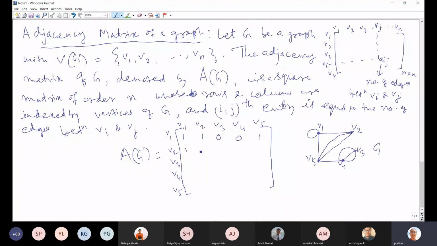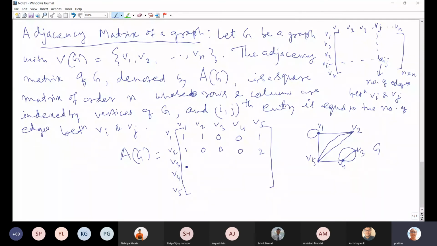V2 to V1 you are having 1 edge, V2 to V2 itself, that is 0. There is no self loop at V2. Then V2 to V3 there is no edge, V4 also no edge, therefore 0. V2 to V5, however, there are 2 edges, so you get 2.